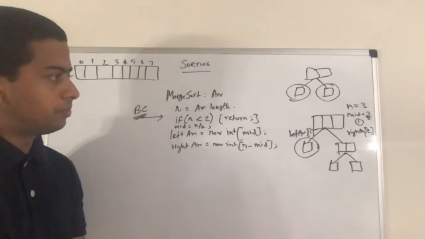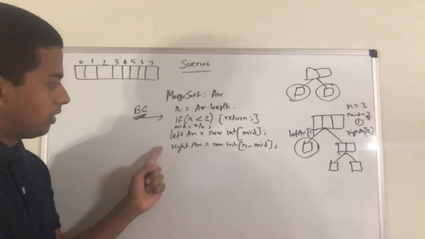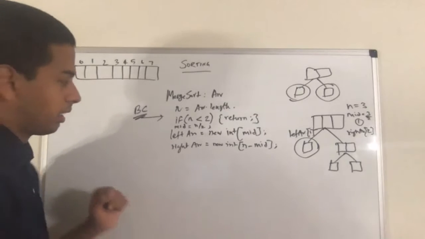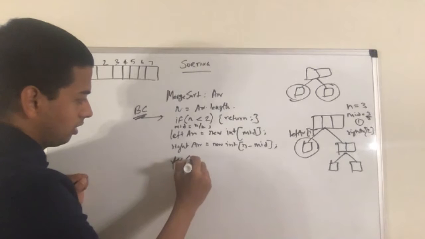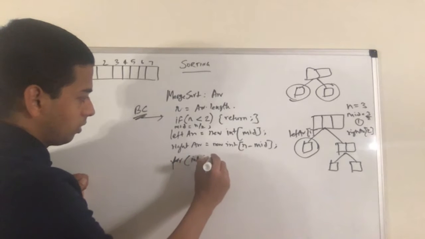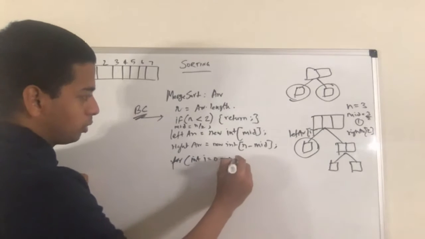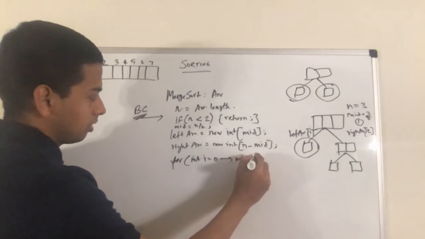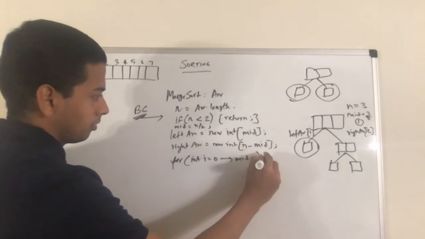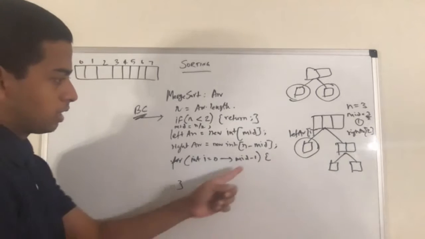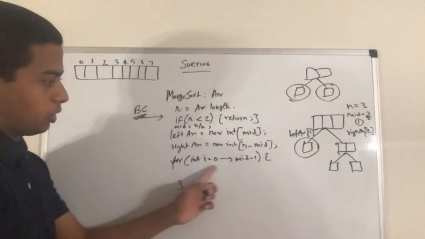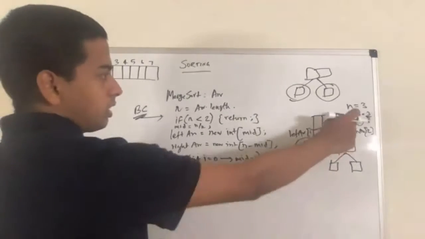Now what we have to do? So we have to insert the elements into left and right, correct? So first I have to insert the elements. So for int i equal to 0 all the way up to mid minus 1, in this case I should insert only the first element.